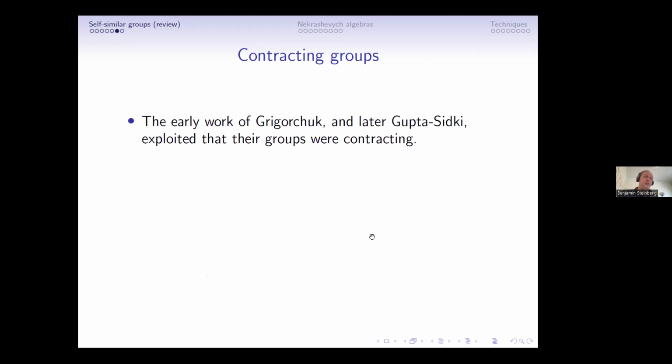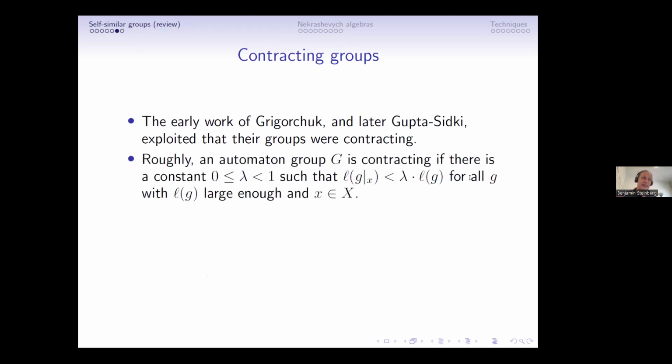So the earlier work of Grigorchuk and later Gupta and Sidki was very much based on the property of their groups being contracting, which was defined in a somewhat informal way. Roughly speaking, an automaton group is contracting if there's some constant smaller than 1, so that, where L means word length, the word length of the sections contracts strictly from the word length of the full element, for elements of large enough word length.